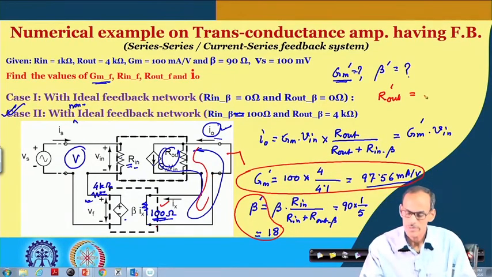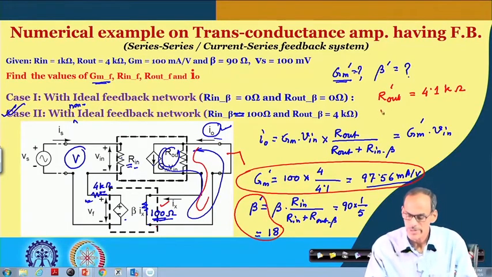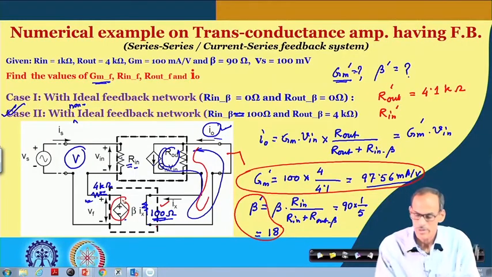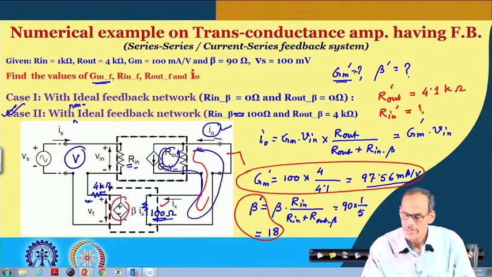So, this will be 4.1 kilo ohm, and likewise R in dashed we should consider. So, in absence of this part, R in dashed is 1 k plus 4 k, that is 5 k.